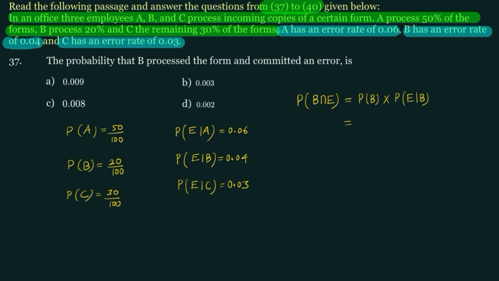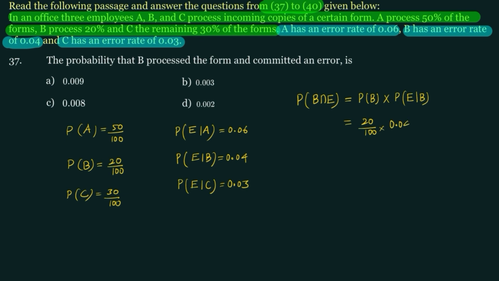Probability of B is 20 over 100 and probability of E given B is 0.04. So it will be 20 by 100 into 4 by 100, that is 80 by 10,000. So 0 and 0 get cancelled. So 8 by 1000 can be written as 0.008. That means the correct option for this question is option number C.